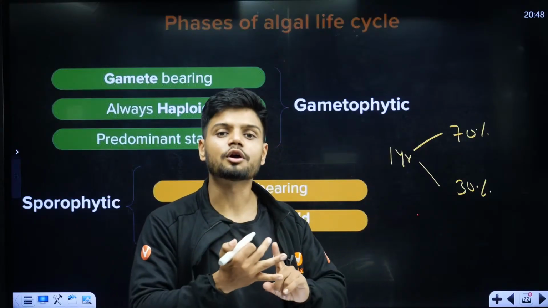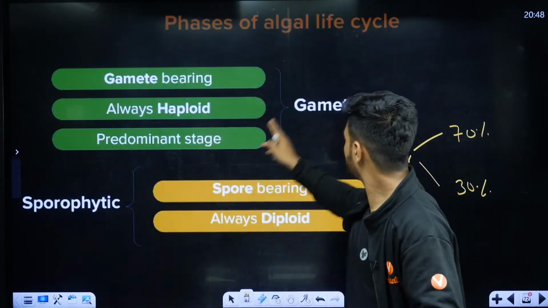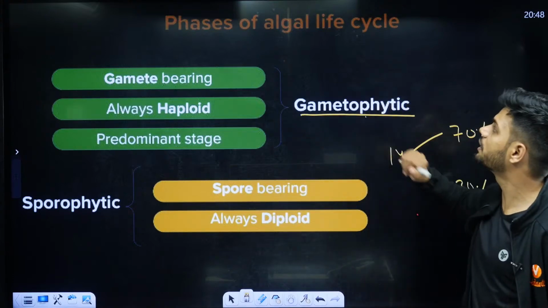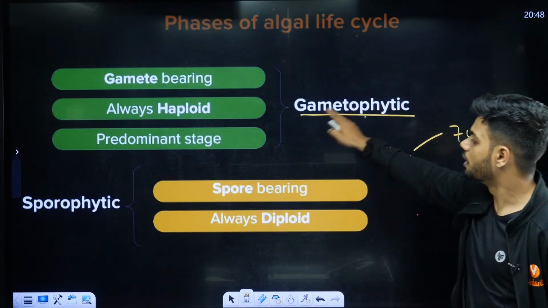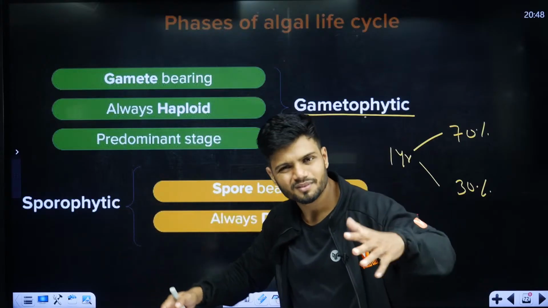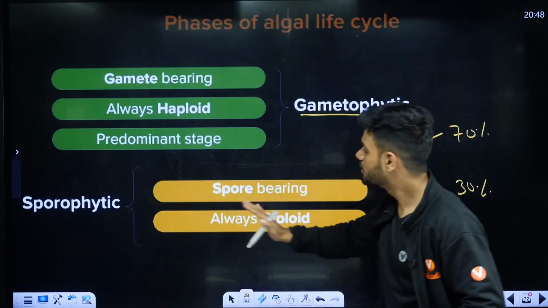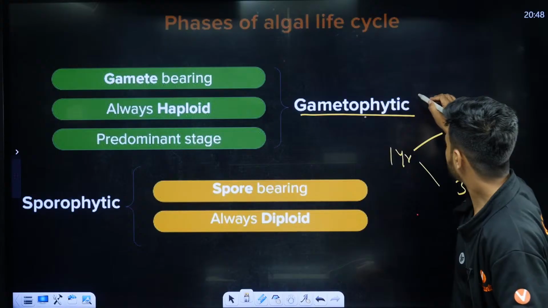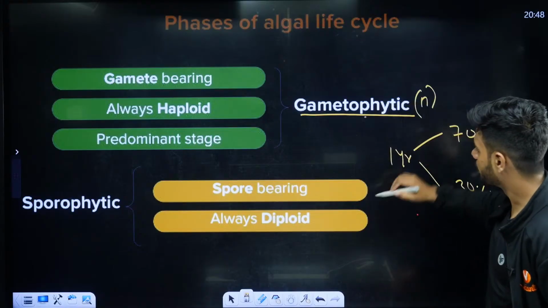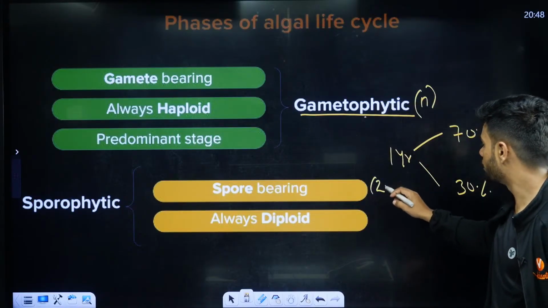In algae and bryophytes, gametophyte is the dominant phase, and sporophyte is always the not so dominant phase. Remember, gametophytes are haploid, sporophyte is diploid.